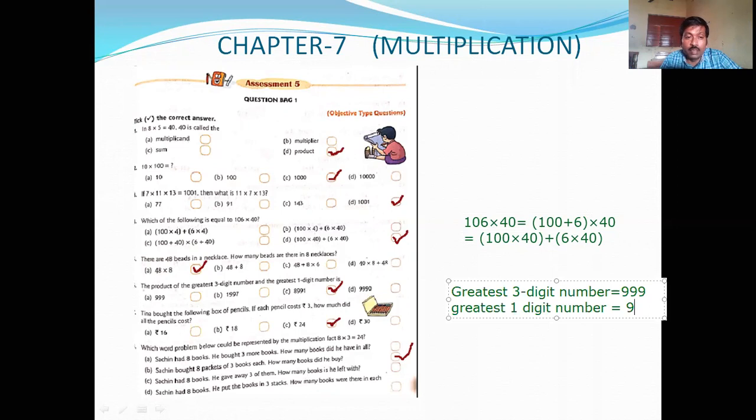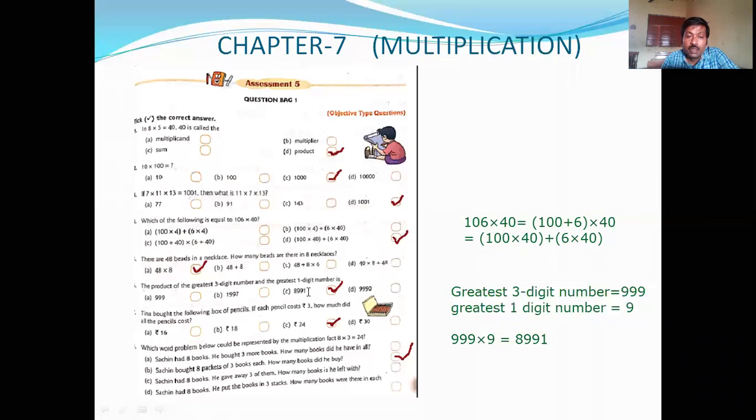When we multiply 999 by 9, we get 8991. Okay, so the answer will be C, 8991.